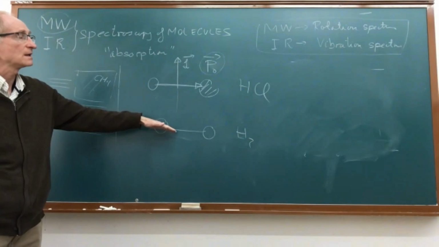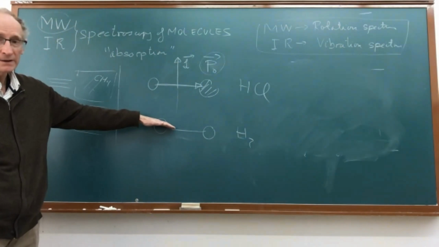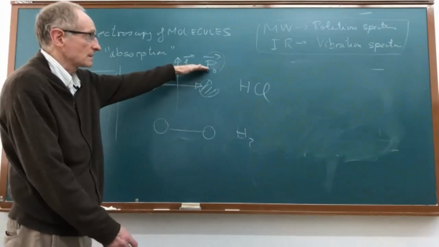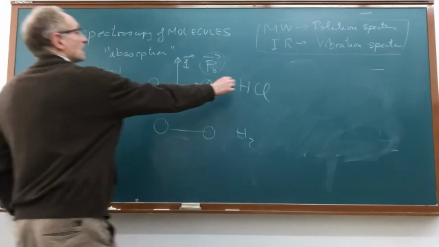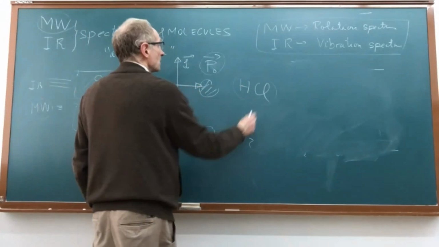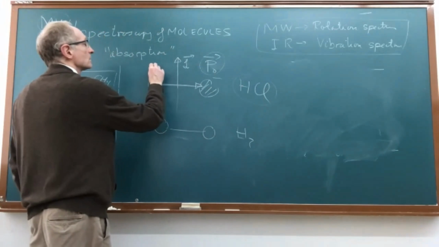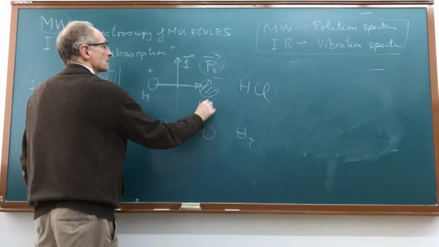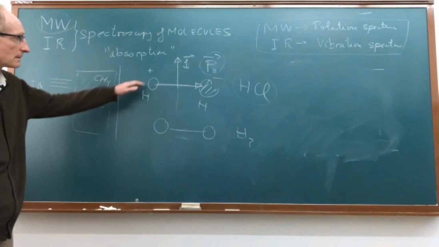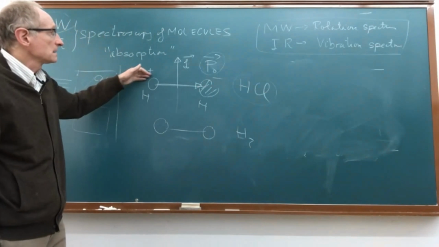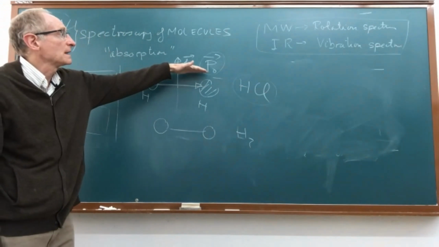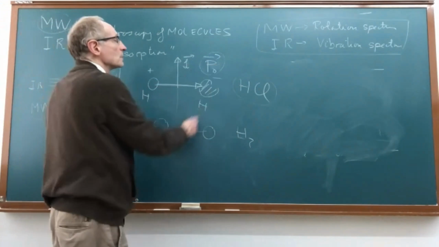So this cannot be observed in microwave, because it doesn't have a dipole. However, the hydrogen chloride has one, obviously, because this is going to be negative, this is going to be positive. It's a very ionic molecule, and I will have a permanent moment.